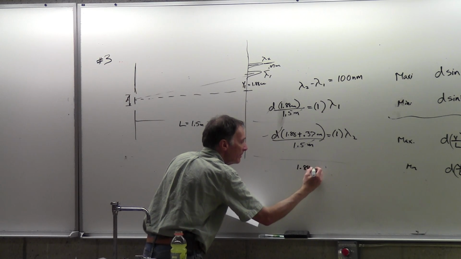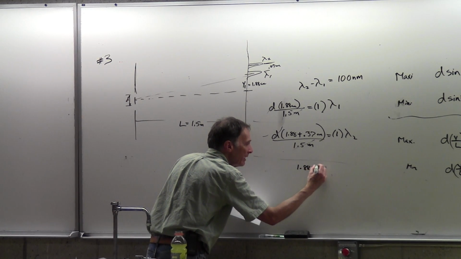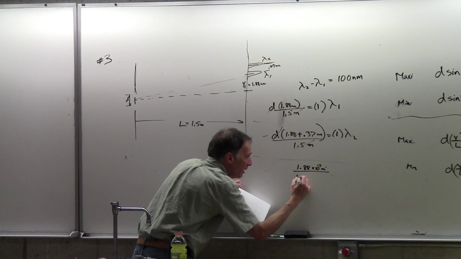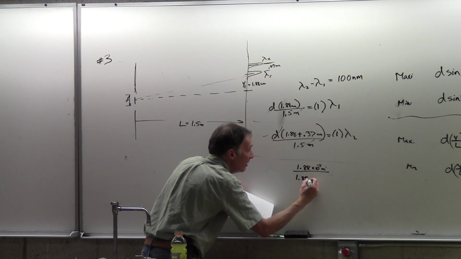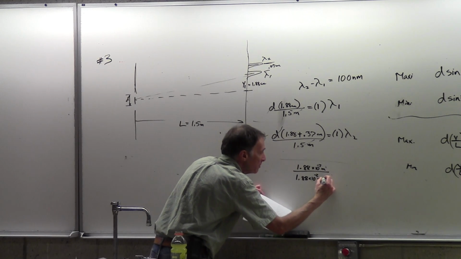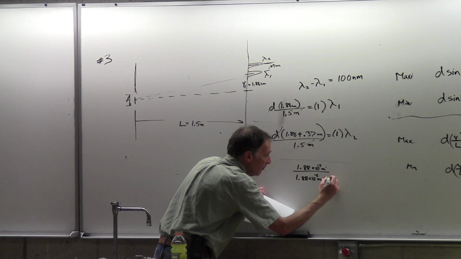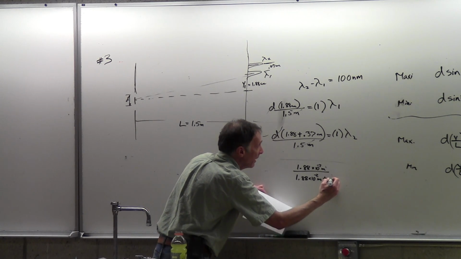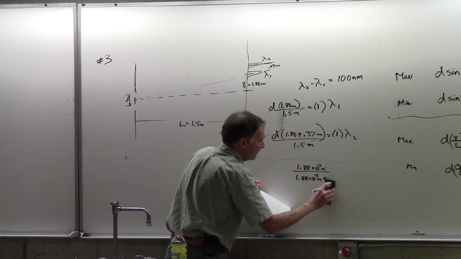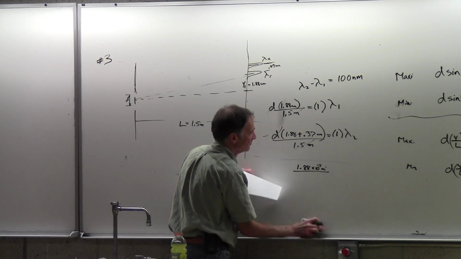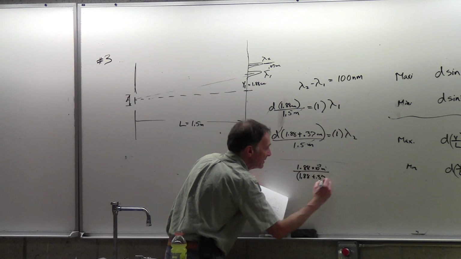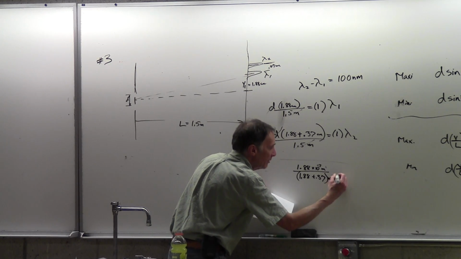1.88 centimeters, and maybe we should write this as times 10 to the minus 2 meters, so that we're not going to mess up, divided by 1.88 times 10 to the minus 2 meters plus 0.37, the total is 2.25 centimeters, times 10 to the minus 2.